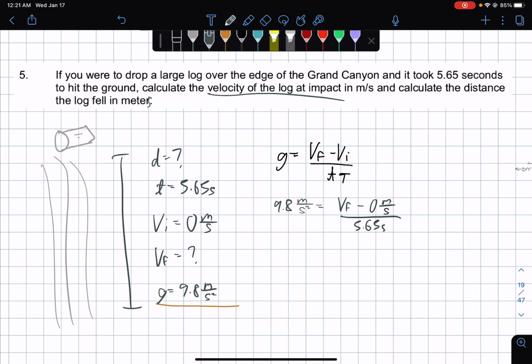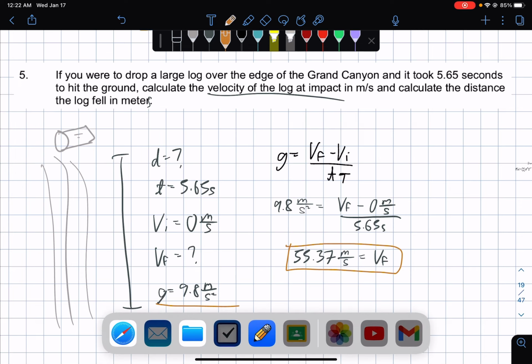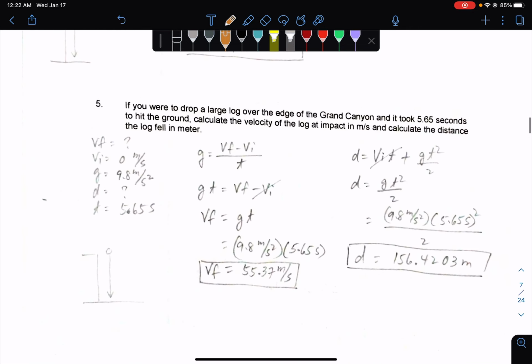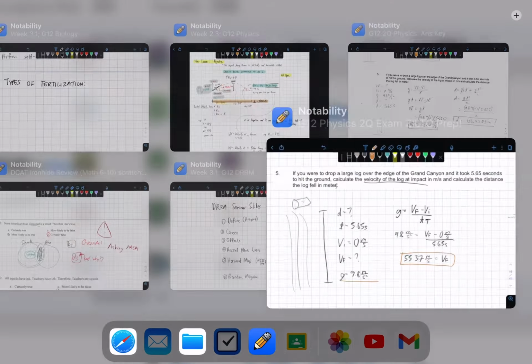Multiply both sides by 5.65. The answer is 55.37. I suppose that is the answer already. Is it? Okay, 55.37, that is correct.